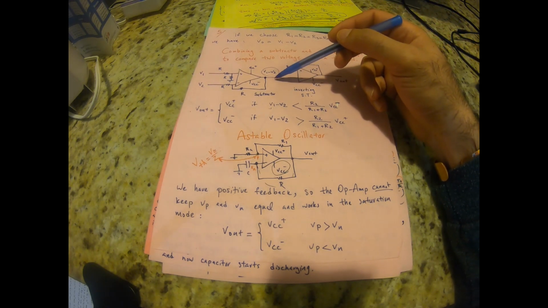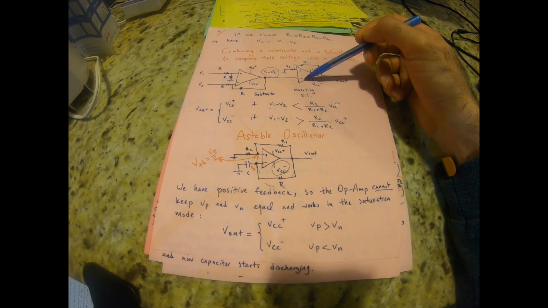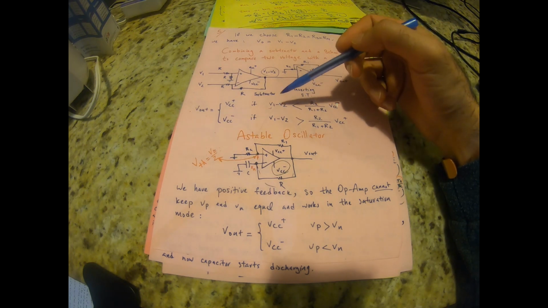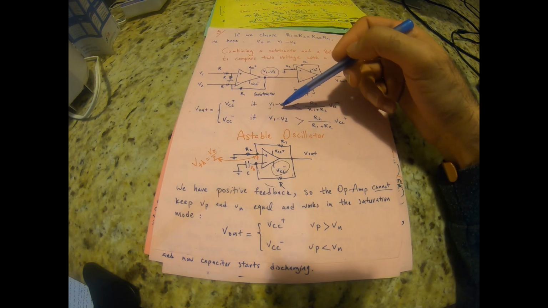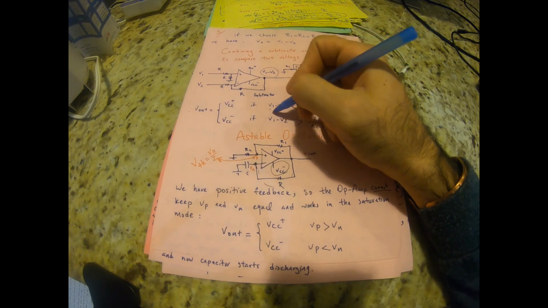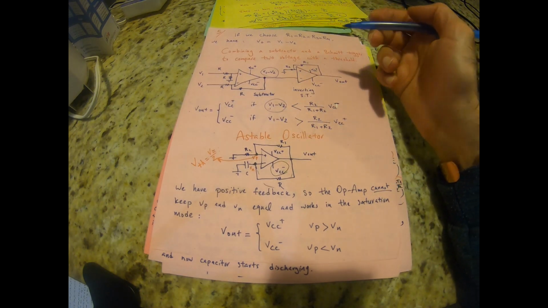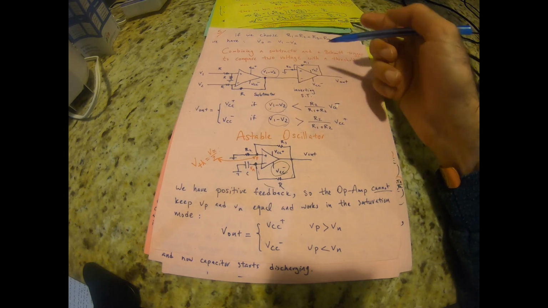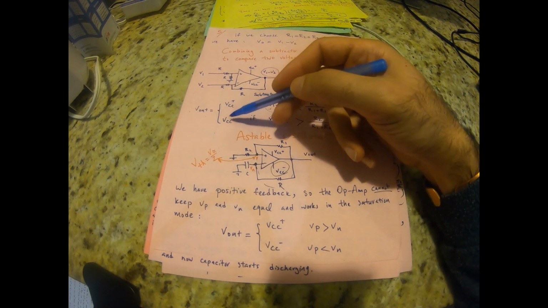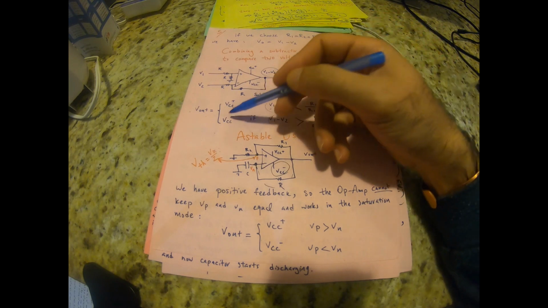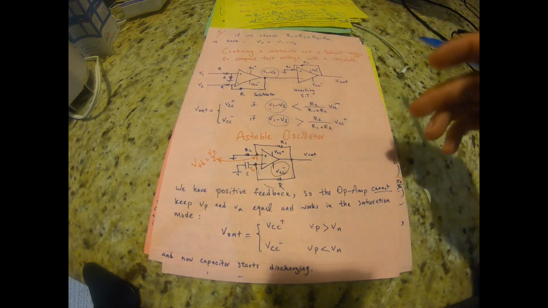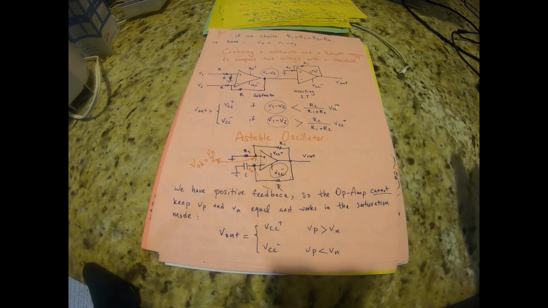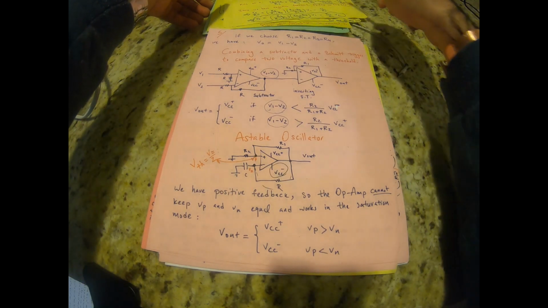And then provide this as an input to the Schmitt trigger. So in this case, if V1 minus V2 is smaller than a small voltage, or if V1 minus V2 is bigger than a certain voltage, then our output is going to switch between VCC plus and VCC minus. So this was actually the answer for all the parts in question 1.